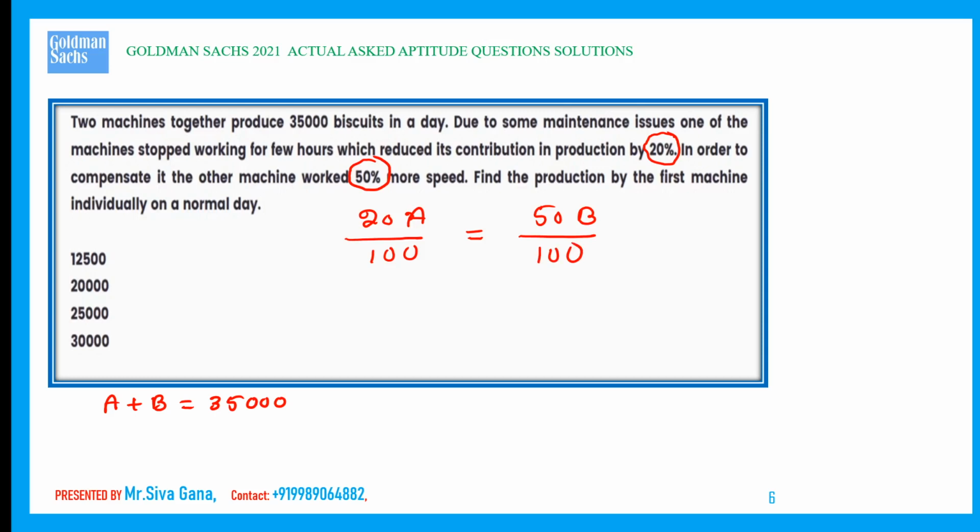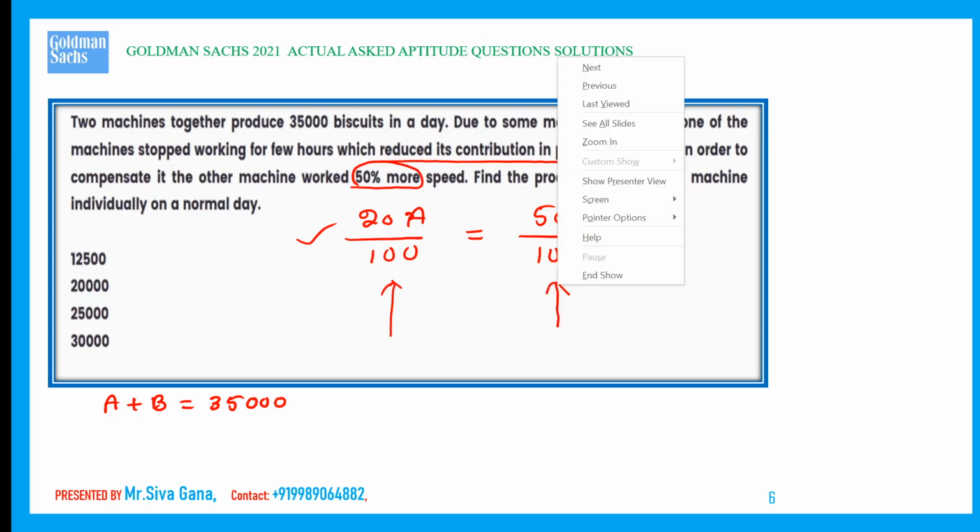Which reduces its contribution in production by 20%. In order to compensate for it, the other machine has to work 50% more. The contribution of these two is the same. The number of biscuits produced here and here are the same.